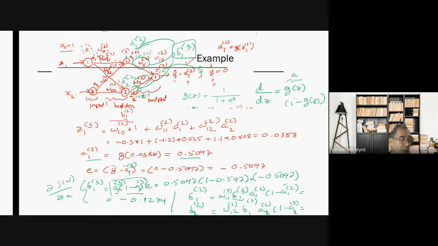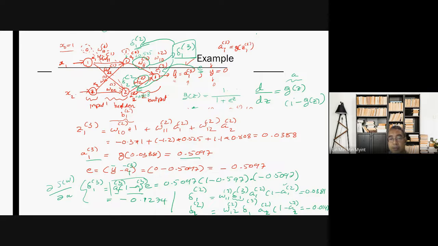Based on that, if we substitute all the values, this one you will get 0.0381. This one you will get minus 0.0147. And after you get everything, what we have to do next is calculate the partial derivative.